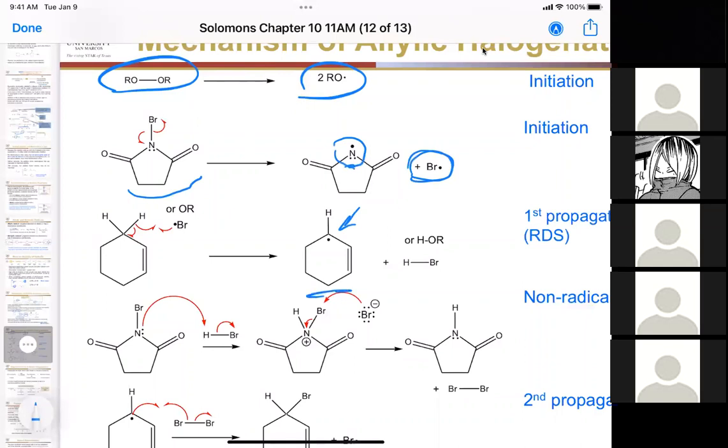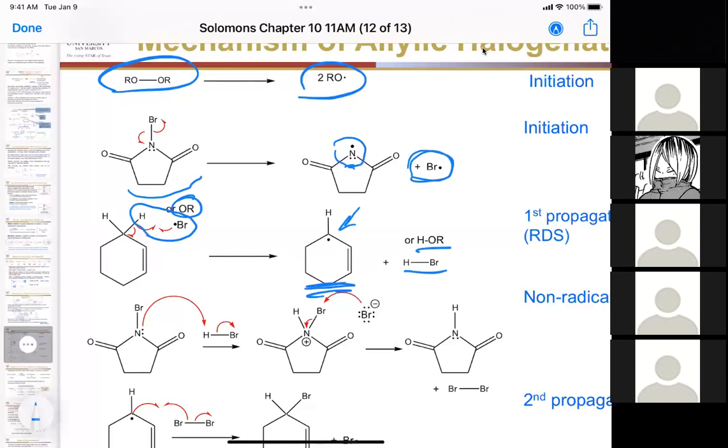In this case, the bromine radical or the peroxide radical can do an allylic hydrogen abstraction, giving us our allylic radical, which is more stable. Then it usually produces either HBr or a termination product.